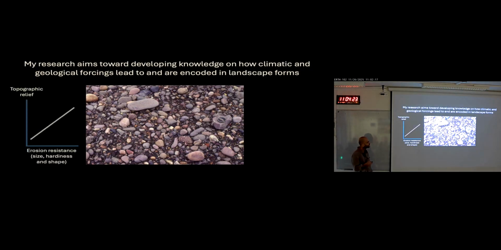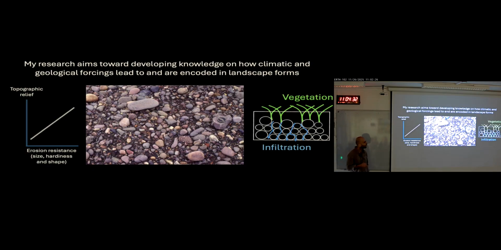This sediment heterogeneity affects the landscape evolution by resisting erosion and transport, thus creating topographic relief. While especially the finer fraction also controls many other near-surface processes of the Earth, such as vegetation growth and infiltration across the biosphere and hydrosphere.